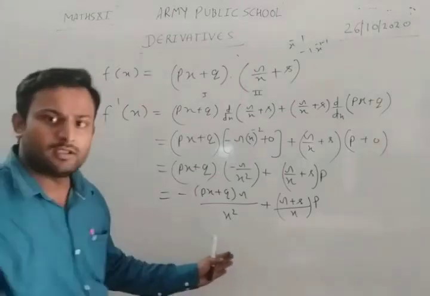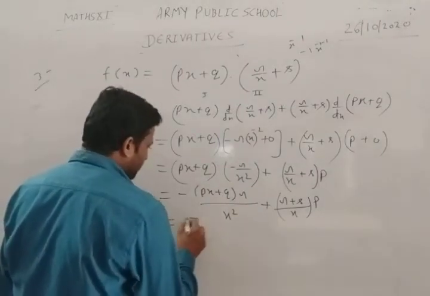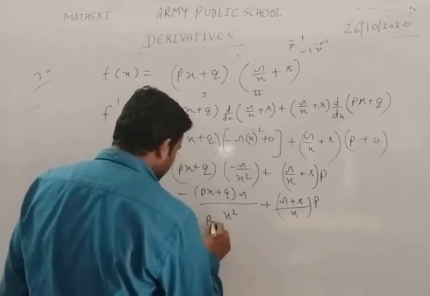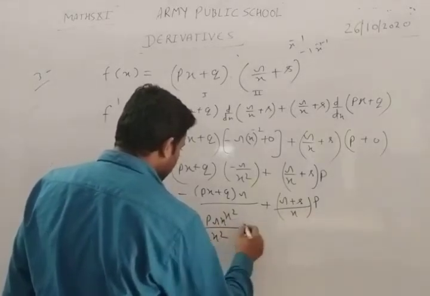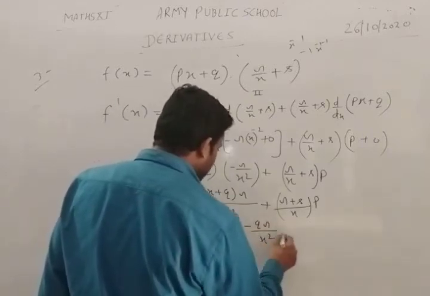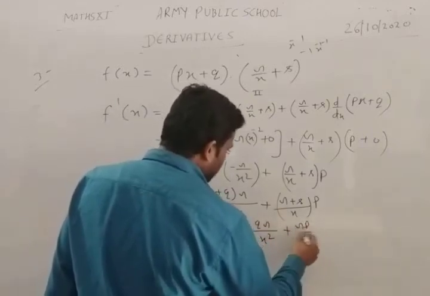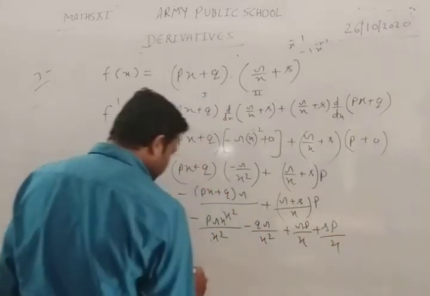We can further also solve it after multiplication, right? Minus PR x by x square minus QR by x square plus RP by x plus SP by x.